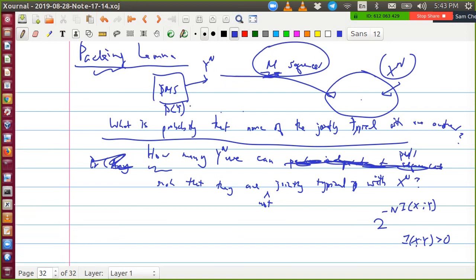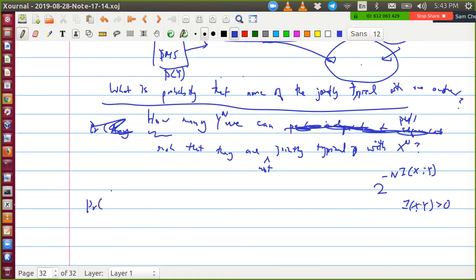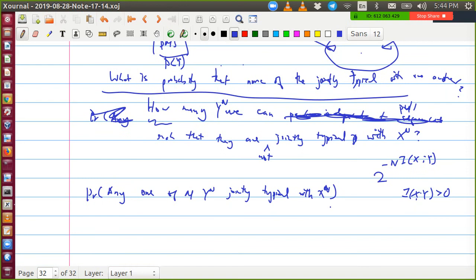Then let's see what's the probability that, if we fix m of them, any one of the m sequences yn is jointly typical with xn. That probability would be m times the probability of xn, yn jointly typical, right? And from the discussion earlier, it's less than or equal to 2 to the minus n (I(X;Y) minus 3 epsilon).